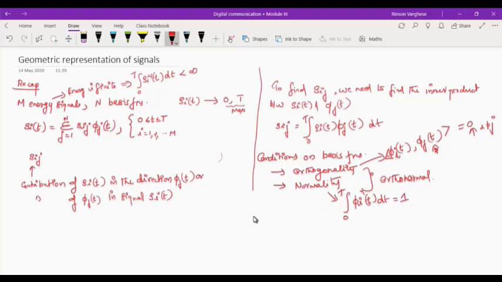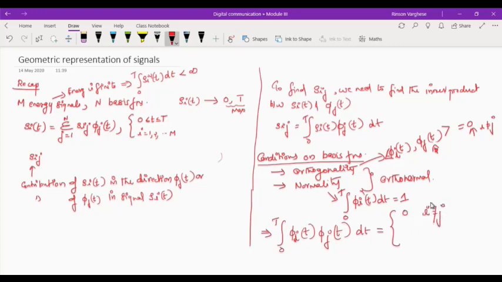So together we can represent it like this. That is orthonormality. Bases should be orthonormal. It means that integral 0 to T phi i of t phi j of t dt, so this is the inner product, is equal to 0 if i is not equal to j, and 1 if i is equal to j.